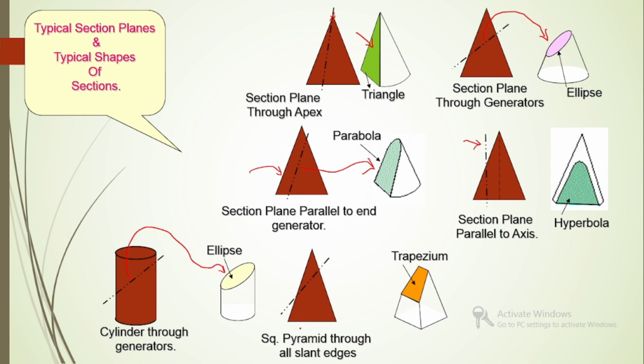Similarly, for a square pyramid, whenever the section plane is cutting through all slant edges, then this sectioned surface has the shape of a trapezium. It is a trapezium.